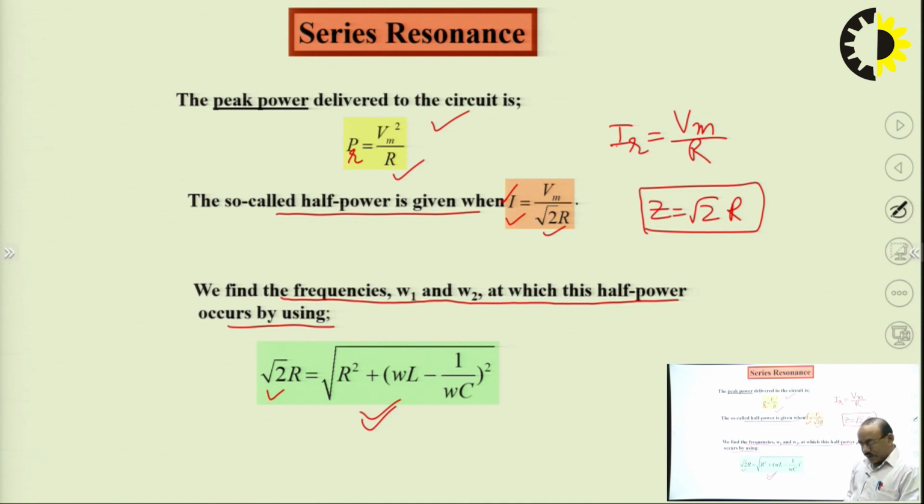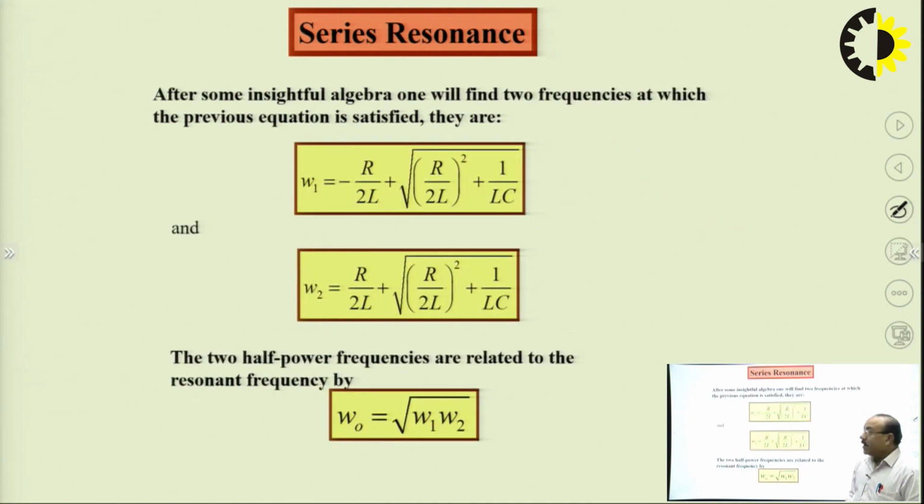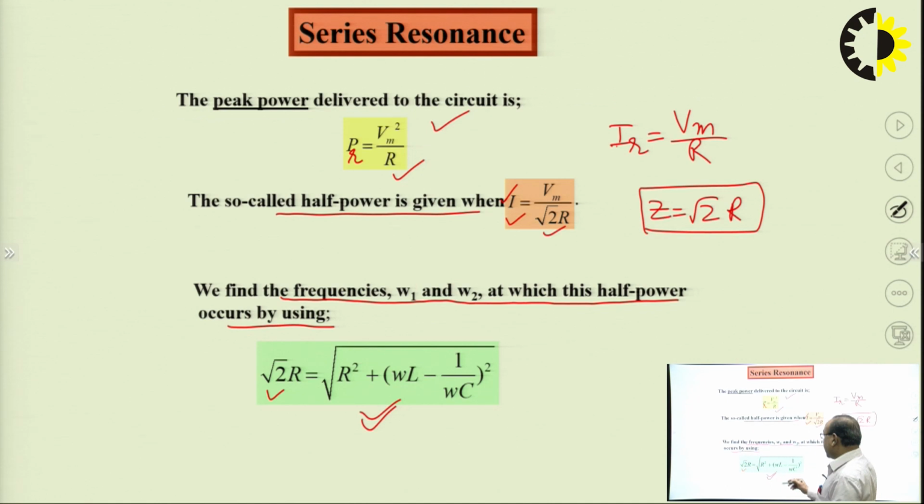On doing this, we can find the value of omega 1, which is equal to this expression, and similarly the value of omega 2 is this expression, by solving this equation. From this we get omega 1 and omega 2, that is, the lower half power frequency and the upper half power frequency.